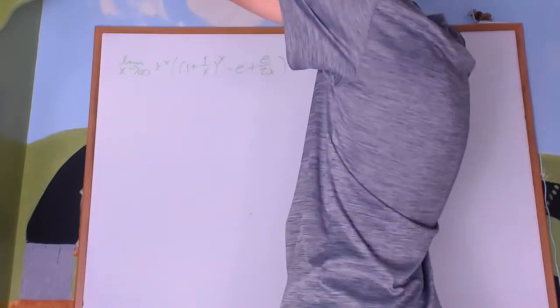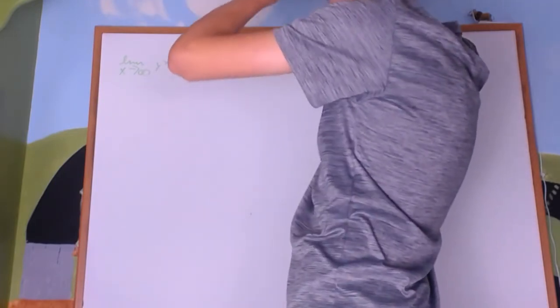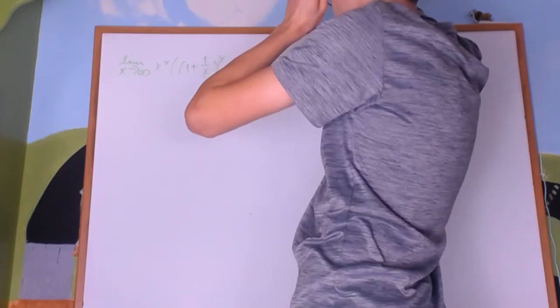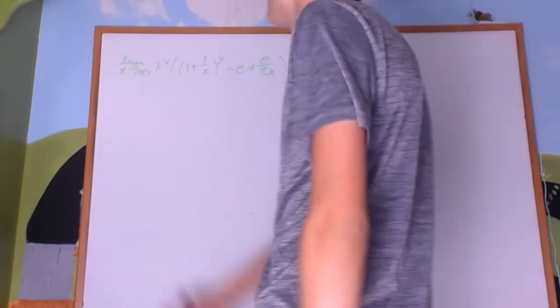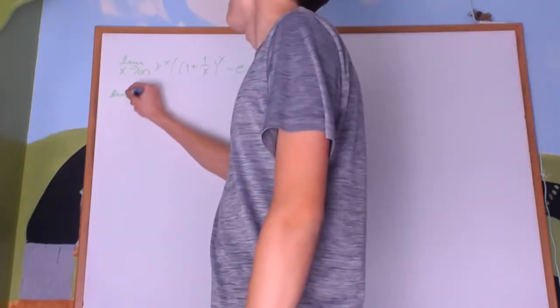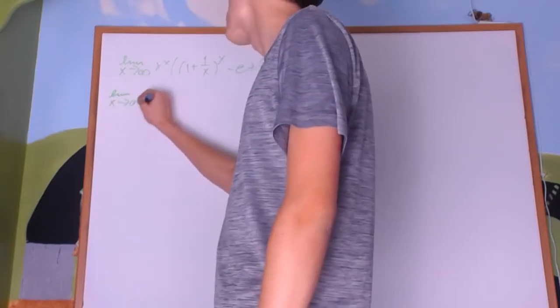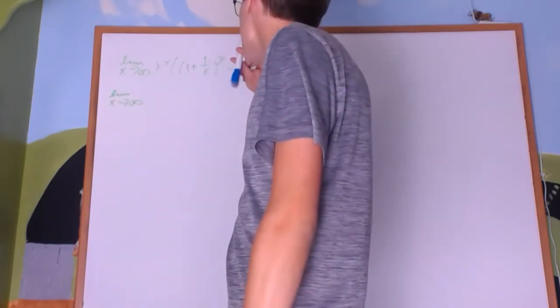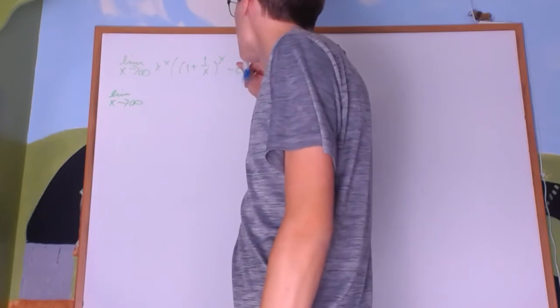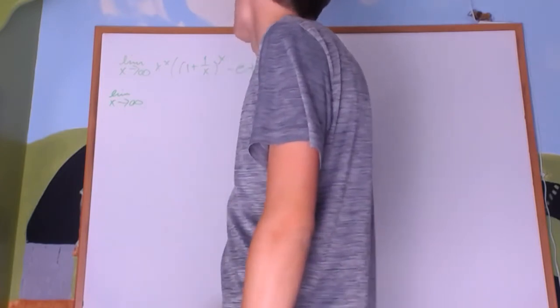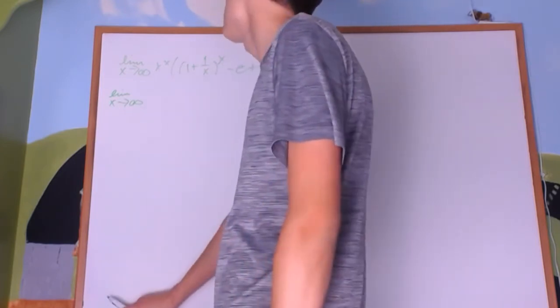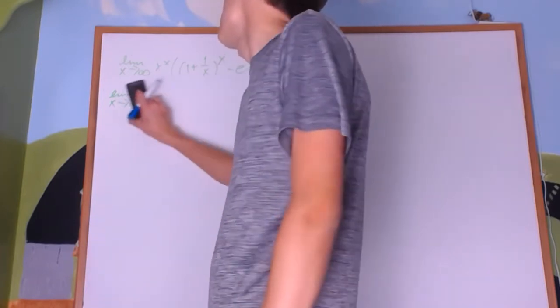So I could do a 0 over 0 case and do L'Hopital's rule. That's what I'm thinking. What's the derivative of x to the x? That wouldn't help really, would it? Alright.